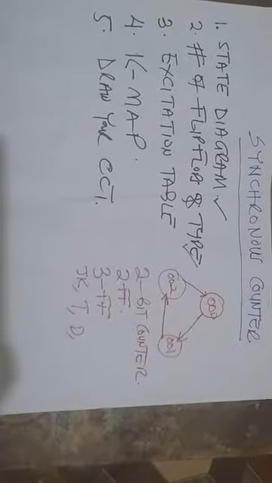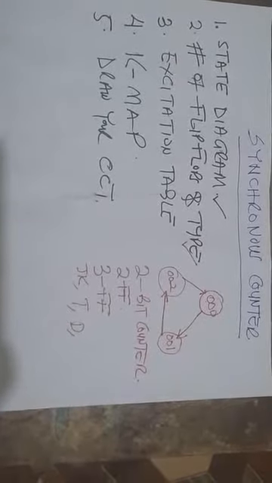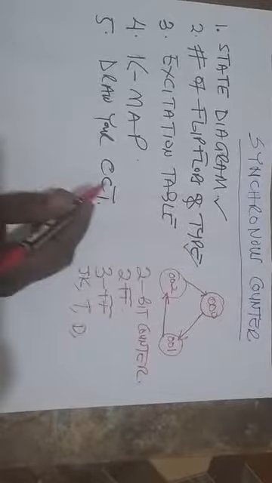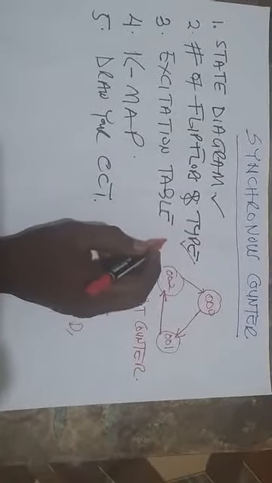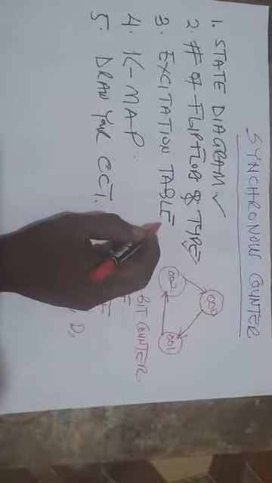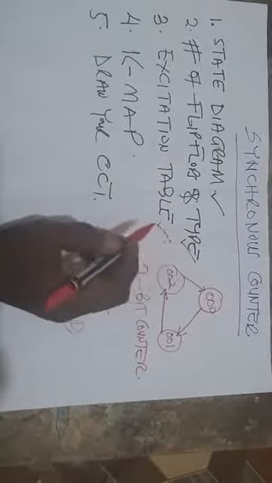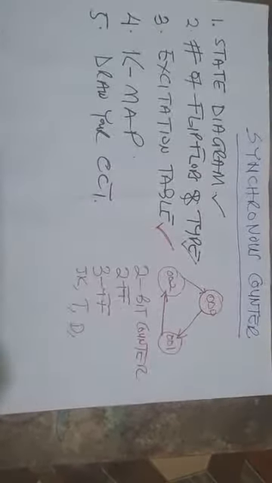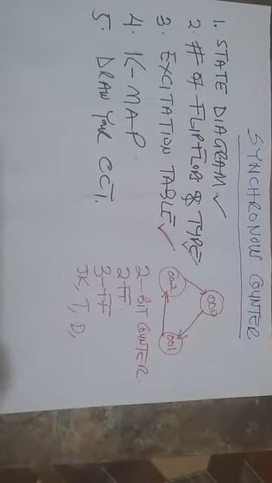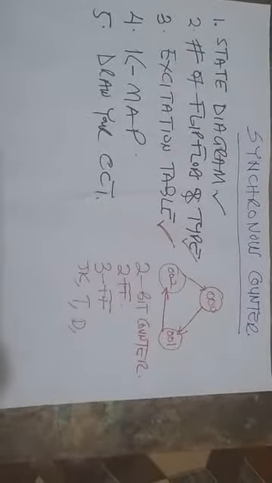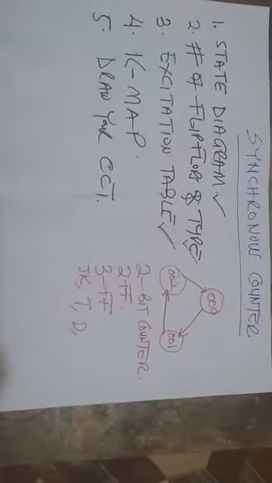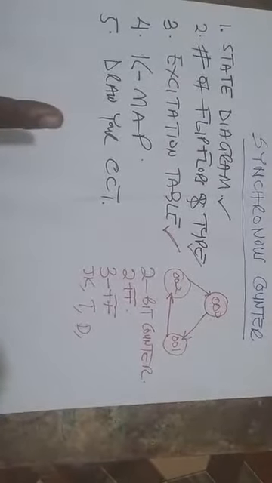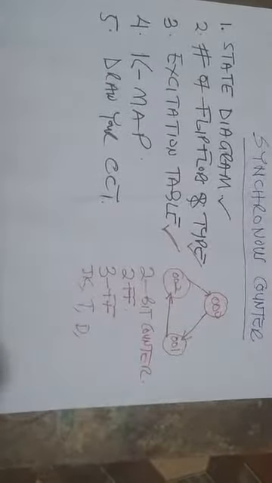After the 2, the next thing that you do again is to develop what you call an excitation table. So you obtain an excitation table, that is point 3. And this excitation table is developed from a transition table.